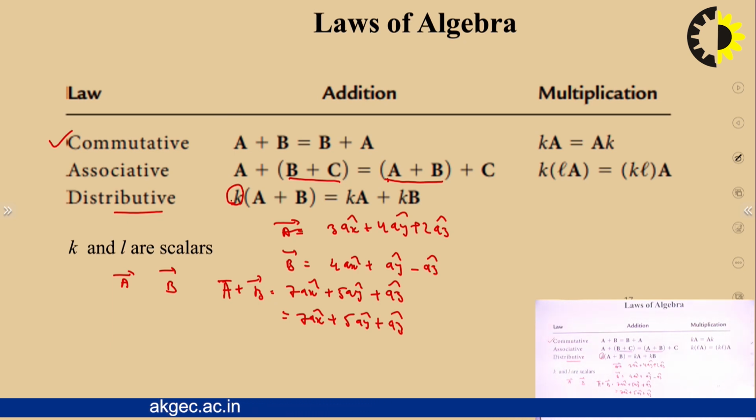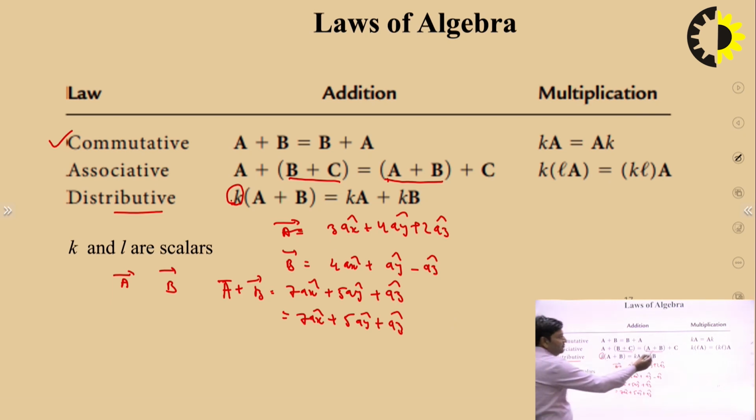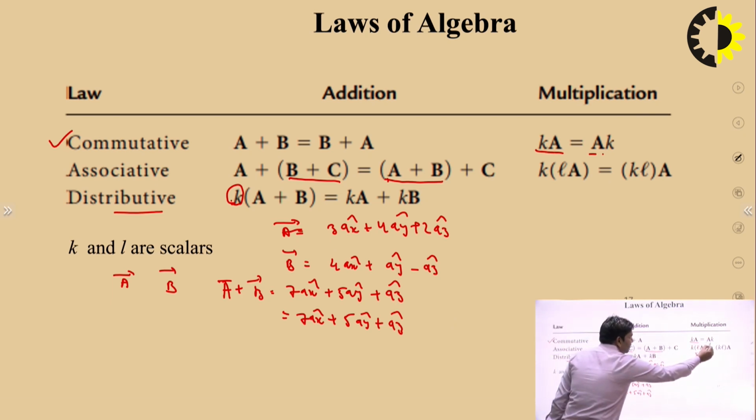In multiplication, pre and post multiplication by a scalar quantity give the same result, that means ka is equal to ak. If we multiply any scalar quantity with the vector quantity, pre or post, they are the same.